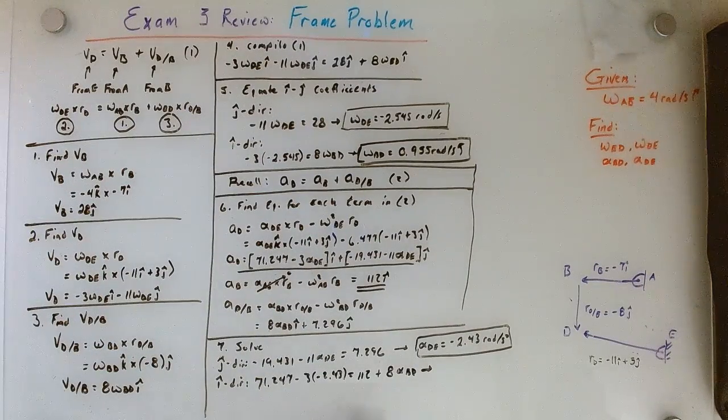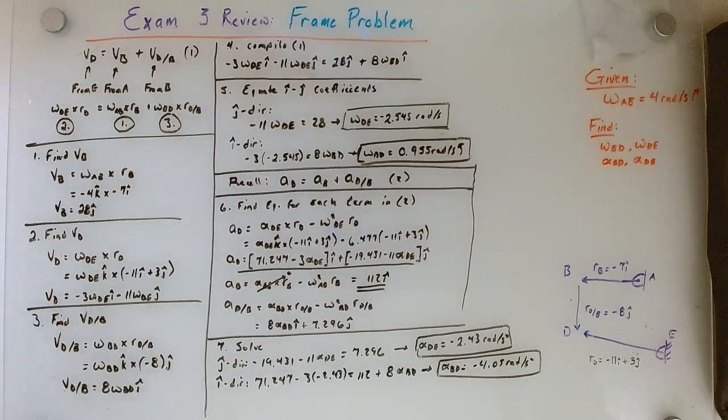So we rearrange it, and when we do that, it gives us that alpha BD is equal to minus 4.05 radians per second squared.